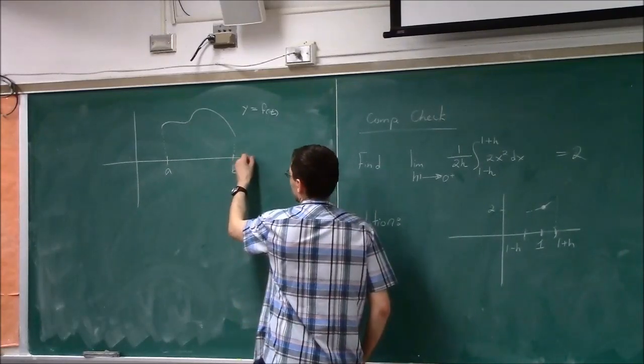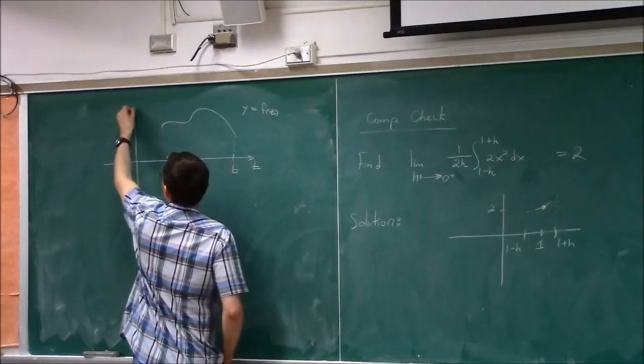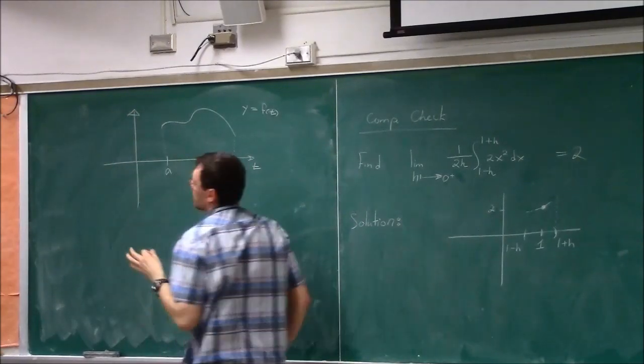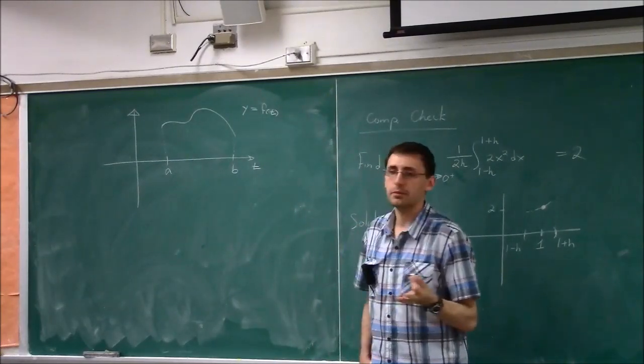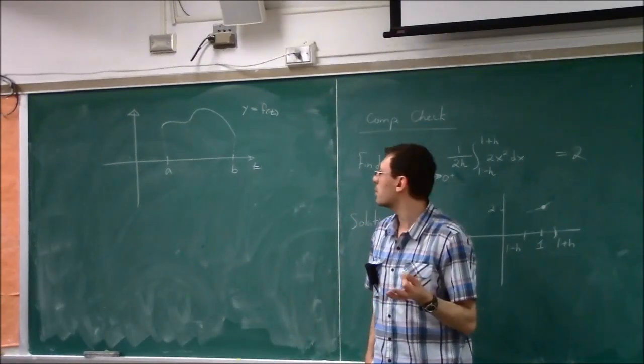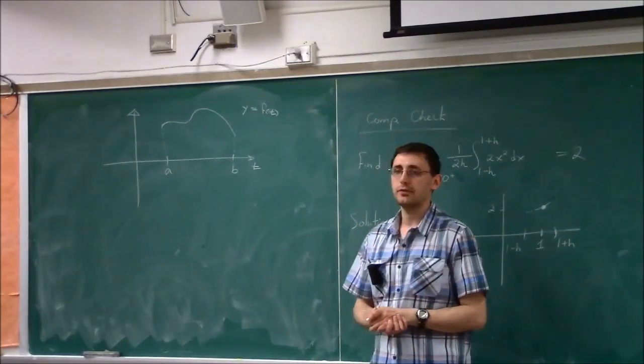So instead of x, we will switch to t. So let's say this is the t-axis. This is the y-axis. So even if your function was given as y equals f of x, just switch the variable to t. I will try to explain why in a moment. So this is the total graph from a to b of the function f of t.